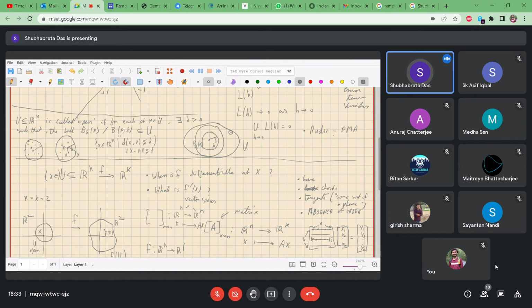I don't know now which publishing house it comes from, but it used to be McGraw-Hill Publishers. The other book is Apostol. This used to come from Narosa. This book is called Mathematical Analysis, and it used to be published by Narosa Publishing.